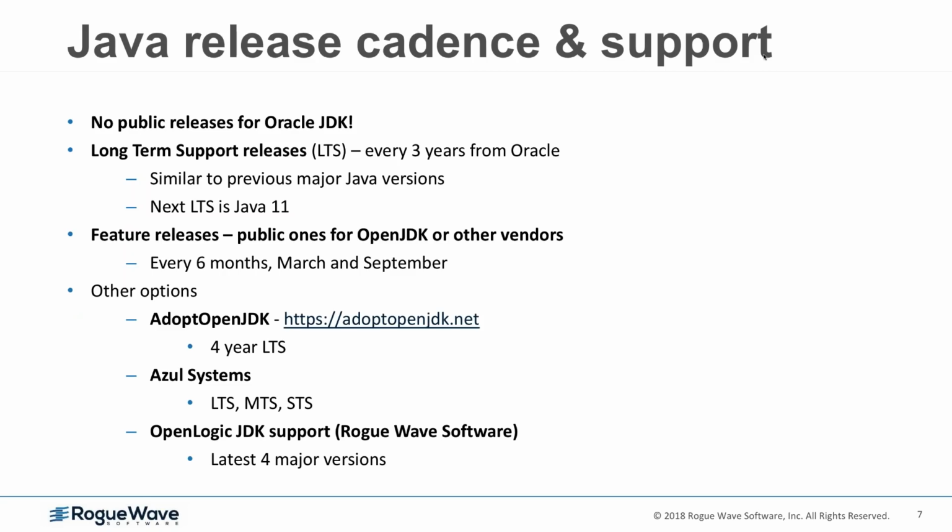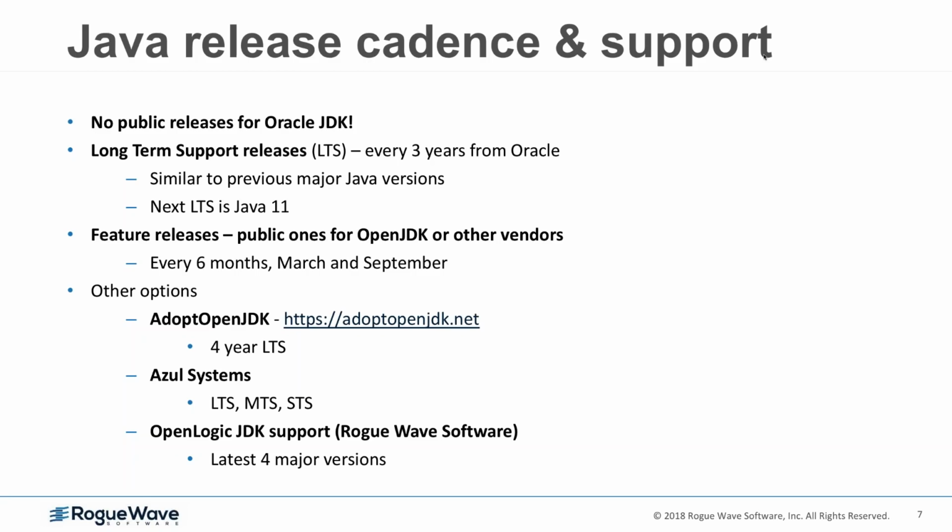A couple of points about these changes. After the announcement of Java 10 during Java 9 and the new release cadence, there have been numerous articles around the web about the changes happening.